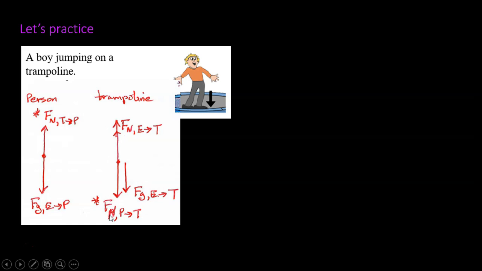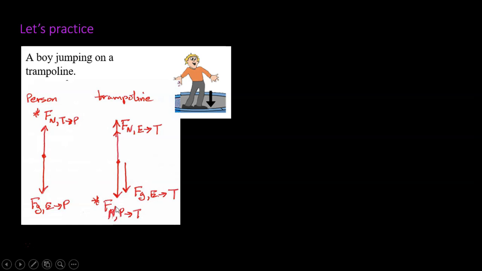Let's take a look at the remaining normal force. It meets our second criteria, which is that it's pointing in the opposite direction and in equal strength. Let's see if it meets the third requirement. It needs to involve the same two objects, but their roles are reversed. So up here in what we identified as the action force, we have the trampoline and the person, and the trampoline's exerting the force.